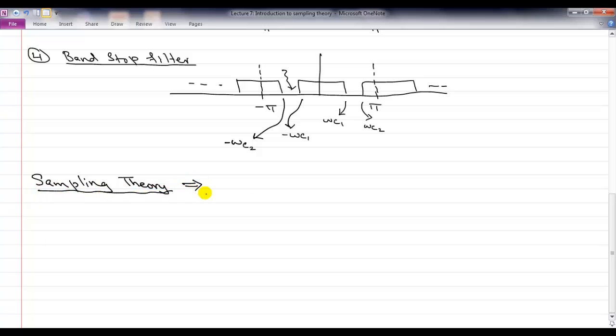So sampling theory effectively helps us bridge the continuous and the discrete world.